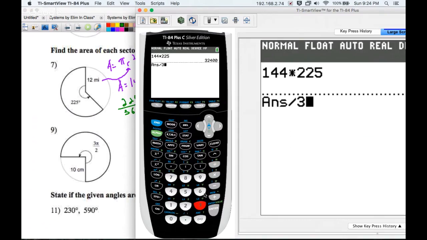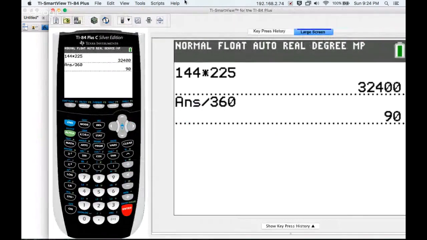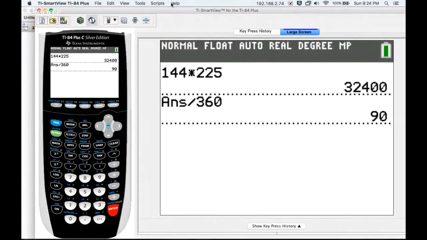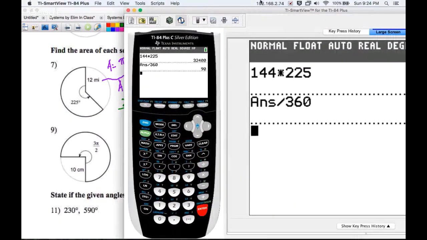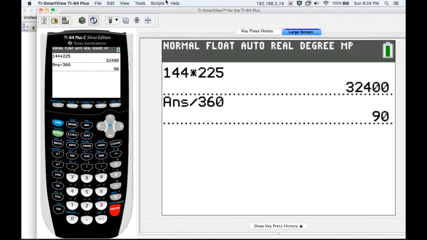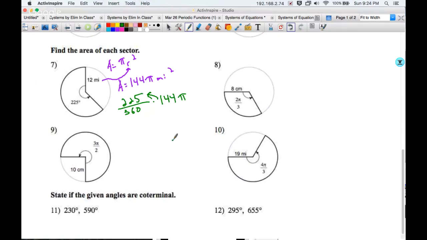Divide that by 360. I thought we were going to have to convert it to fractions, but it's just 90, which actually, looking back, makes sense. So it's 90 pi miles squared.